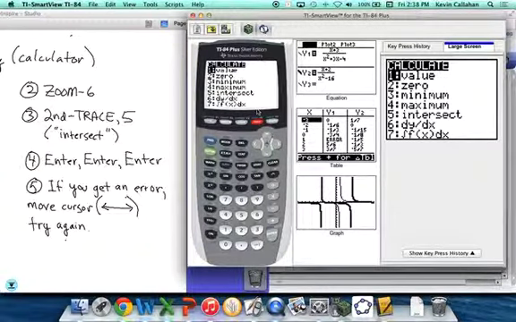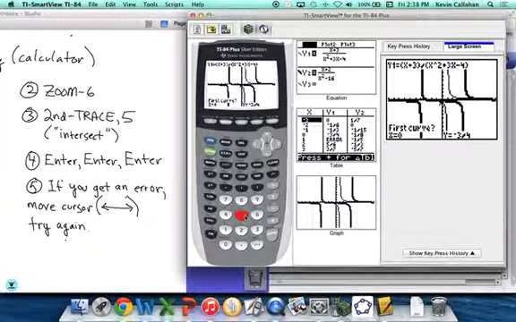So second trace, 5, and I choose that. Notice that it says x equals 0. It's starting out with the cursor right in the middle of the graph, and it's prompting you for first curve. You can see it's using the first one, x plus 3 over. So just hit enter.